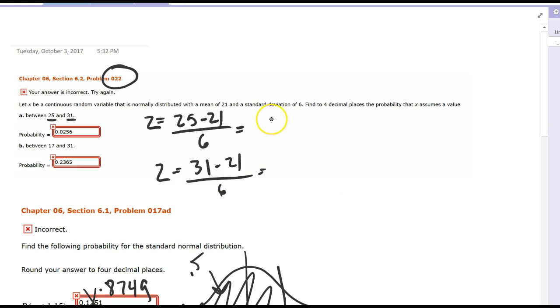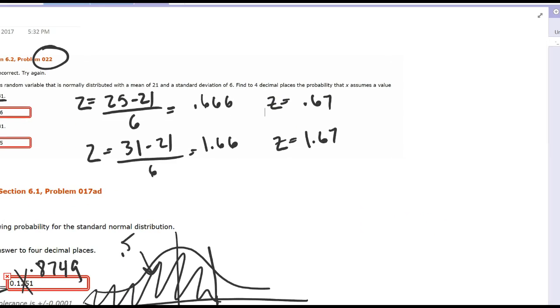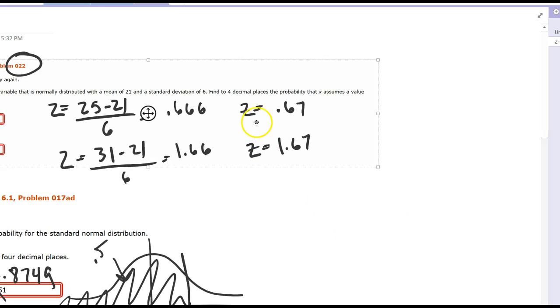So you end up with a 0.666 or 1.66 z value. So you could find, okay, z is 0.67 or z equaling 1.67. So if you go to the table and you find the corresponding z values, we'll call this z25 and this z31.